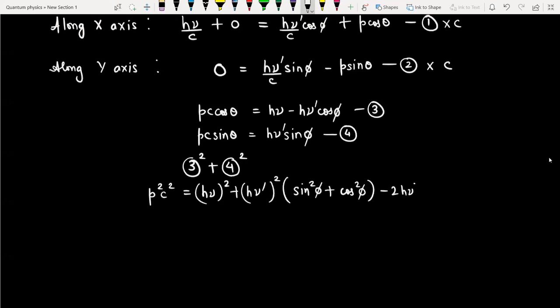So we will have 2 h mu prime of cos of phi.